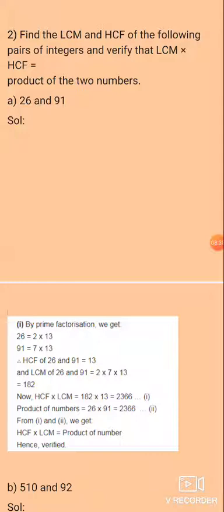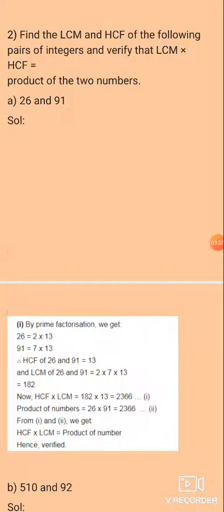The product of those two numbers is the same, 2366. So from the first and the second, we can conclude that HCF into LCM is equal to the product of the two numbers. This is possible only for two numbers. If there are three numbers, this relation is not possible.